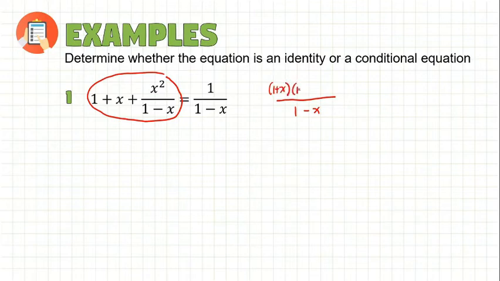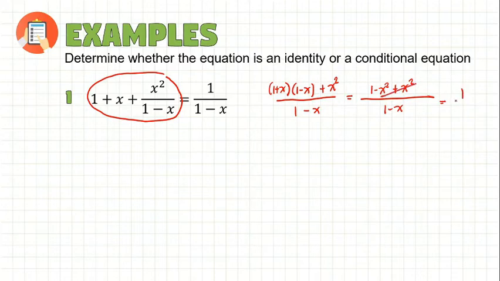So we have 1 plus x, multiplied by 1 minus x, right? Plus x squared. Okay? And this will now be equal to 1 plus x times 1 minus x is 1 minus x squared, plus x squared, over 1 minus x. So this will become negative x squared plus x squared. That will be cancelled out.